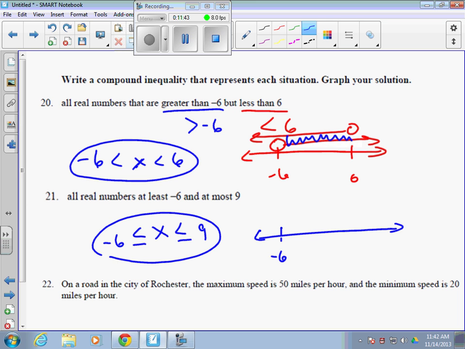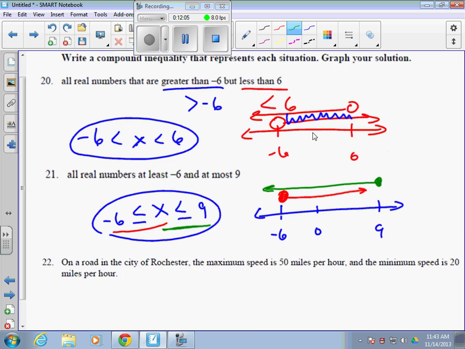Negative 6, 0, and 9. Reading it this way, x is greater than, or I should say, or equal to negative 6. Reading the other one just the way it's written, x is less than or equal to 9. Color it in, everything that way.